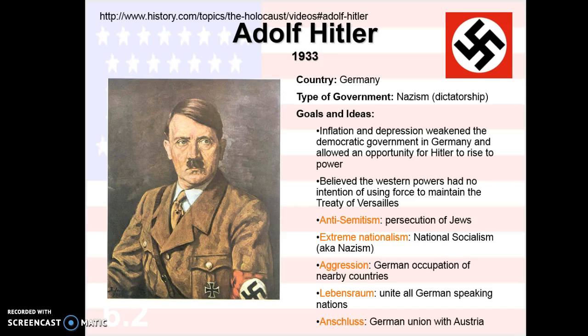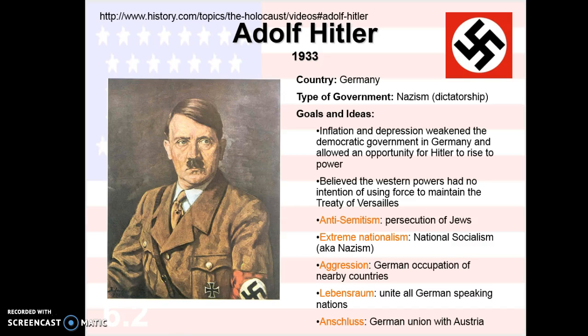Then we have the one that I know everybody knows about from Germany, Adolf Hitler, whose party type of government is Nazism. The Nazis were very extreme in their beliefs. Down here where it says National Socialism, aka Nazism, that's the National Socialist Party. They are very aggressive and anti-Semitic.